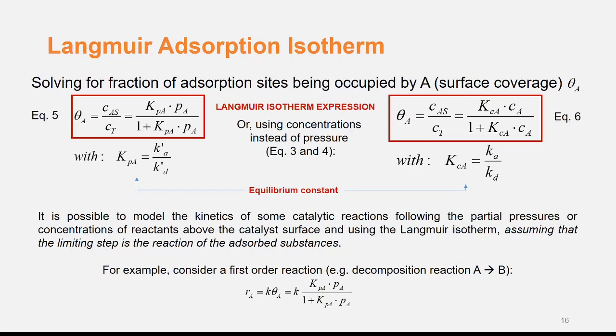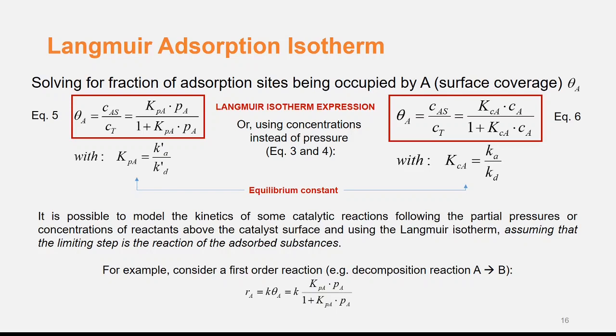As we talked about before, if the rate of reaction is much slower than the rate of adsorption, then the reactant A will accumulate on the catalyst surface and reach equilibrium. Each time AS is consumed by the reaction, another A quickly arrives at the surface.